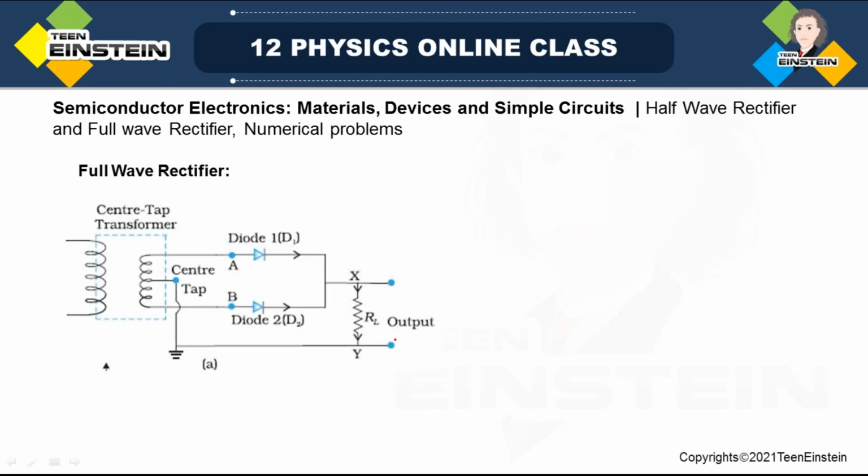First of all, we have to understand the necessary circuit. So this is the necessary circuit. Here also we need a transformer, but this is a special type of transformer called a center tap transformer.